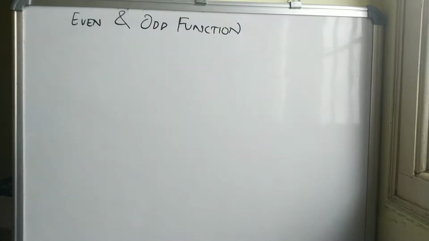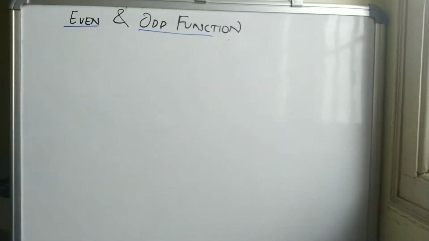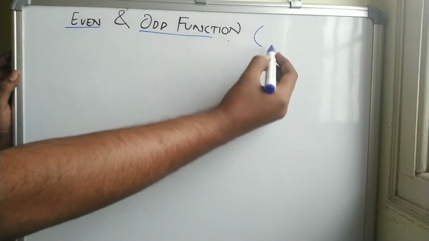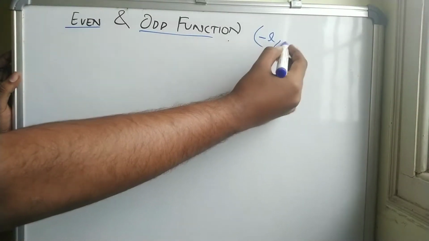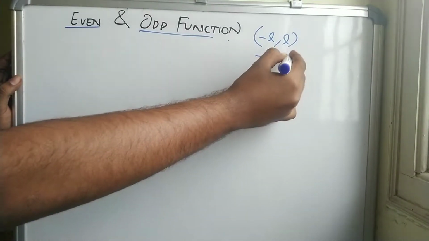We'll be discussing even and odd functions in the Fourier series. Basically, we'll be talking about this for the interval minus L to L, or we can consider minus pi to plus pi.